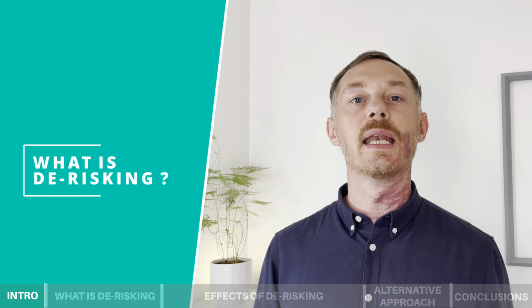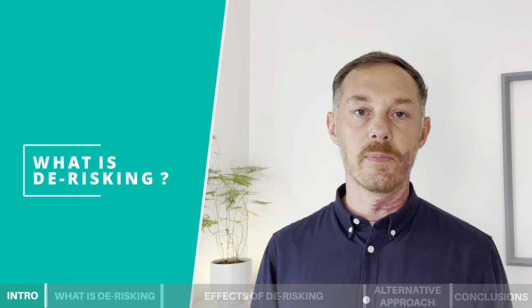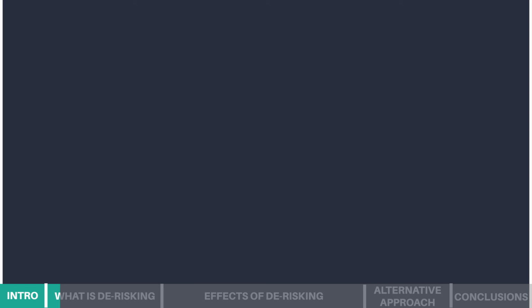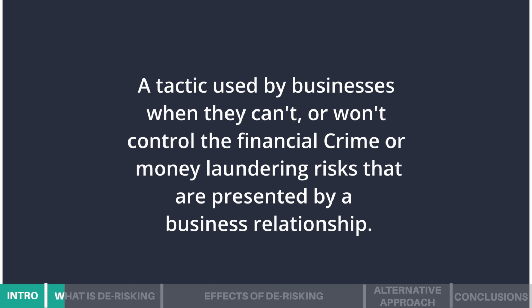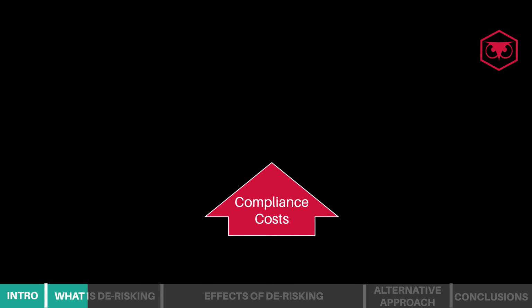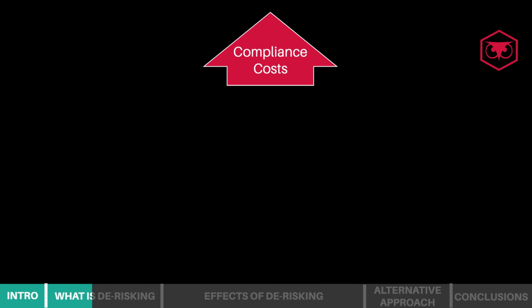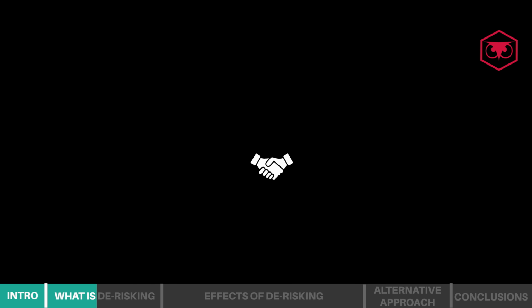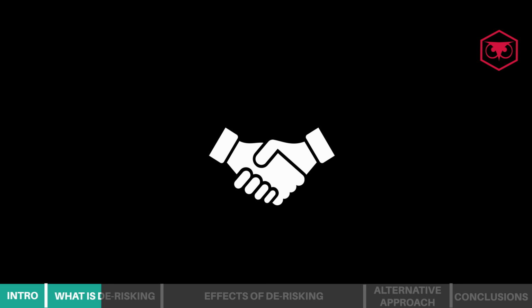So let's start by covering what de-risking is within AML and financial crime. Financial crime de-risking is a tactic used by businesses when they can't or won't control financial crime or money laundering risks that are presented by a particular business relationship. To put it another way, the costs of delivering full compliance with AML and CFT regulations are too high to justify getting into, or perhaps continuing, a certain high-risk business relationship.